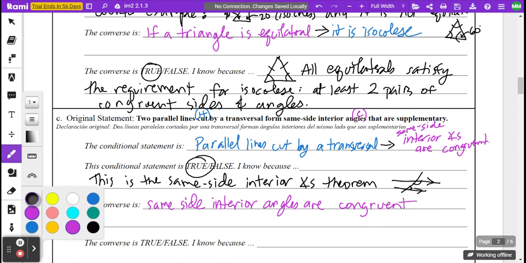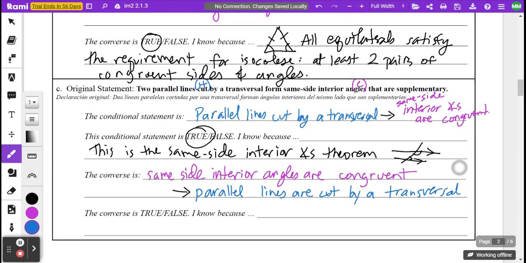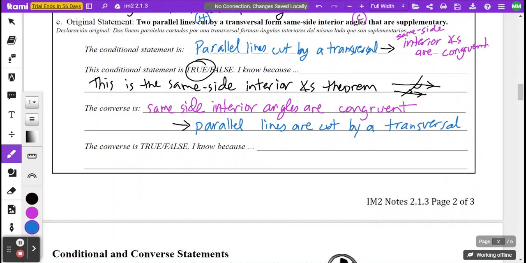And we write that implies parallel lines are cut by a transversal. In particular, it implies that the lines that are cut by a transversal are parallel.